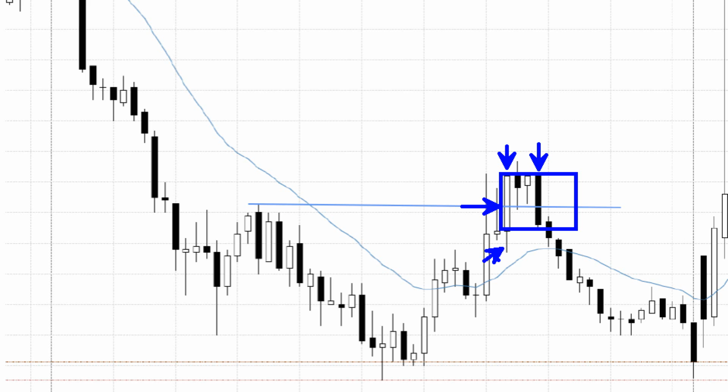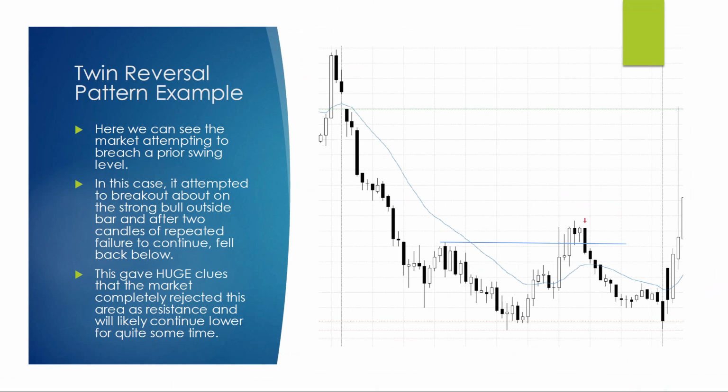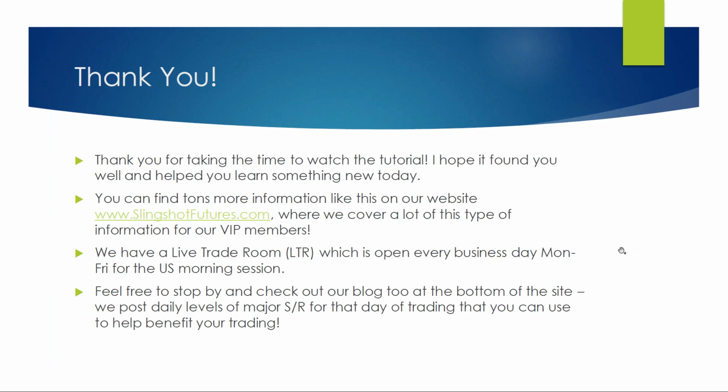So that is a beautiful example of a twin reversal, a failure of the buyers trying to break out above an area of resistance. They tried, and they failed. Right back down again. Now, this gave huge clues that the market was completely rejecting this area as resistance, and it will likely continue lower for quite some time.